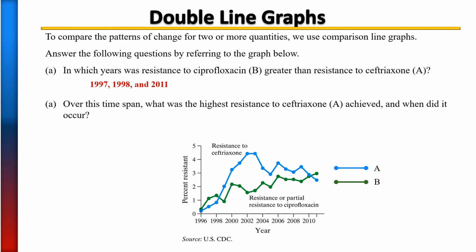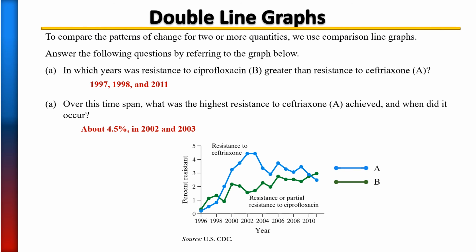So all you have to do is look at its highest point, which notice here that the highest point looks like it is about 4.5, and it occurs at 2002 and 2003, looks like, yes.